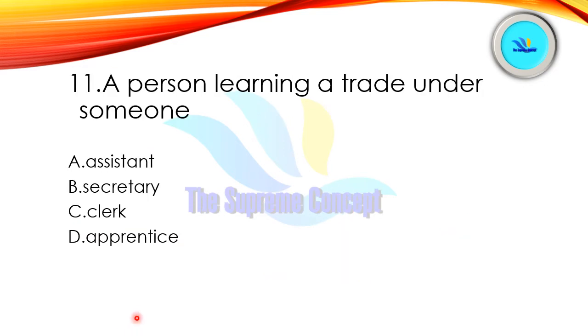Question number 11. A person learning a trade under someone: assistant, secretary, clerk, apprentice. Yes, option number D is correct here. Apprentice is the correct answer. Alright, which means a person learning a trade under someone.